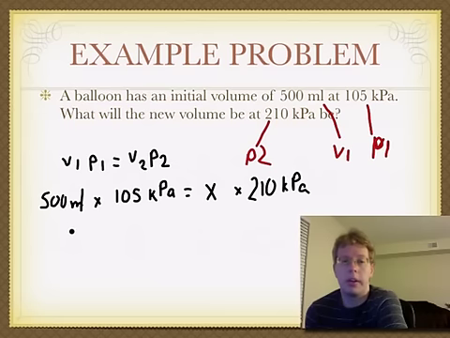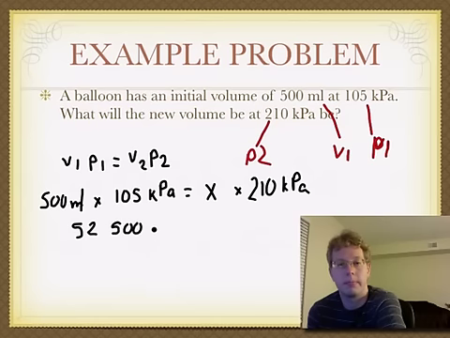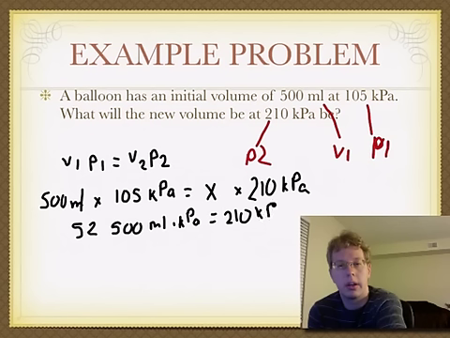So what I'm going to do is take that 500 milliliters and multiply it by 105, and that gives me a value of 52,500, and my units on that are milliliters kilopascals, and that's going to be equal to 210 kilopascals times an unknown.